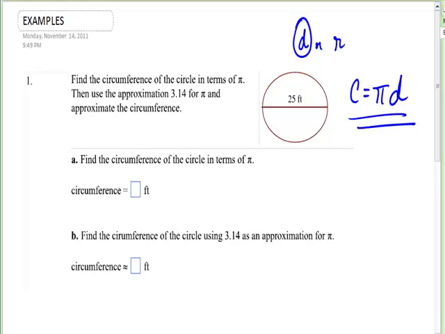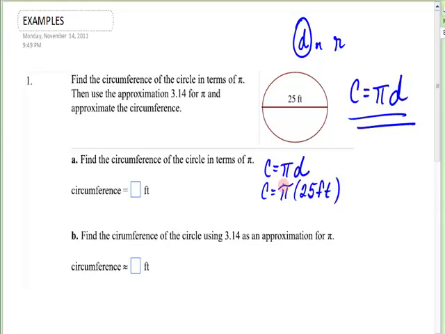I have two parts to the problem. The first one says, find the circumference in terms of pi. That means do not put in the approximation for pi. Here's what you're going to do. Circumference is pi times the diameter. I am not supposed to put anything in the place of pi, so I leave the symbol pi. The diameter is 25 feet.